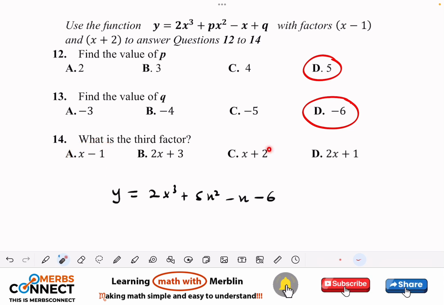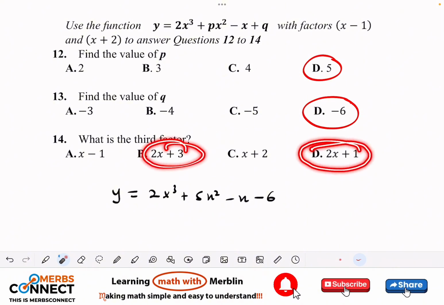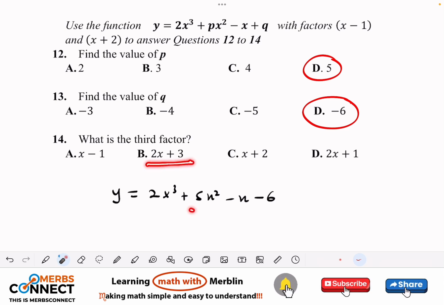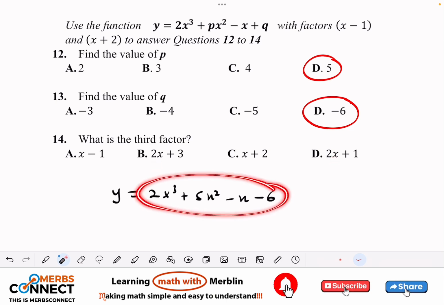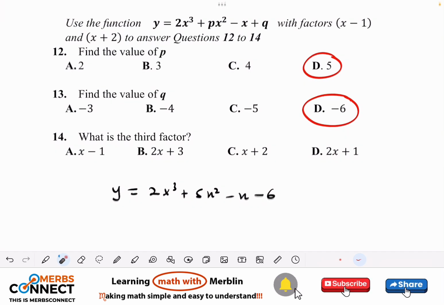It can be that this one too is repeated. We don't know. But what we can do is, let's try and pick B and D, and try and make x a subject, plug it in and see what is going to happen. Or another way that we can do is, we can multiply this by this, then we pick any of the factors to multiply them and see if we are going to get what is here. So we have so many ways of doing this.